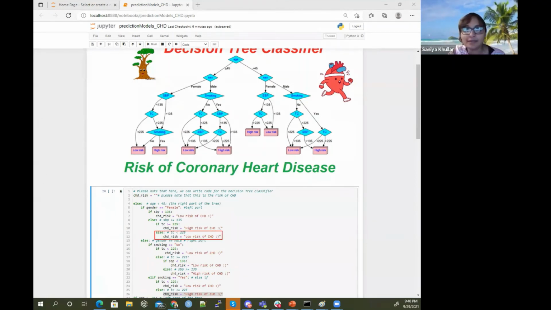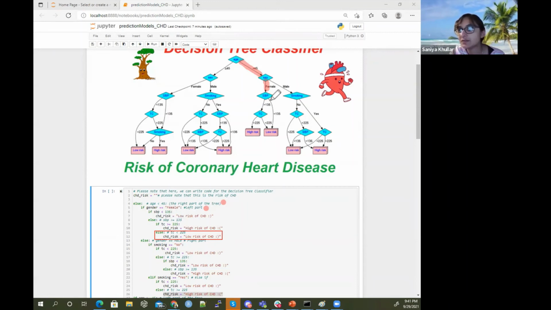So how did we get there? Well, this low risk. So here age is greater than 45, which is what this part is saying. Then gender is female, which is what this if statement here is saying too. Then what we're checking is if systolic blood pressure is greater than 135, nope.